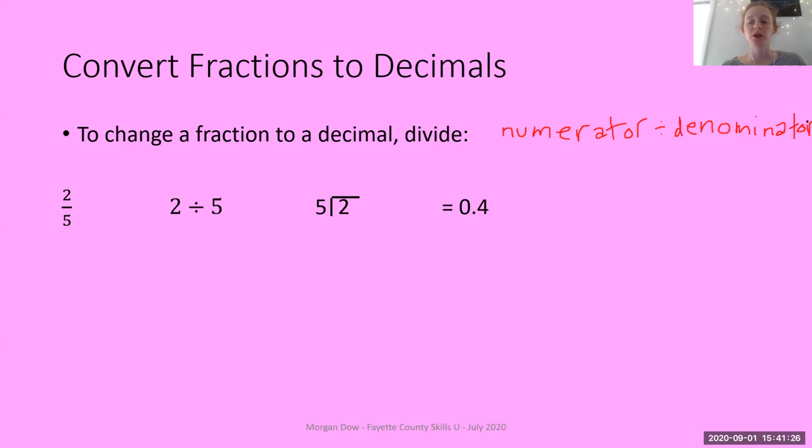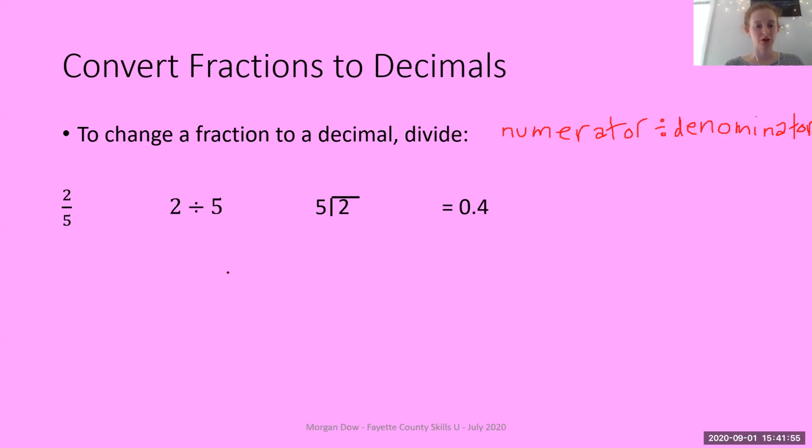It might help if we think about it as money. If you have $2 and you want to split it up equally amongst 5 people, how much money is each person going to get? So that's what we're talking about here when we say 2 divided by 5. When we do that division, what answer do we get? We get 0.4.